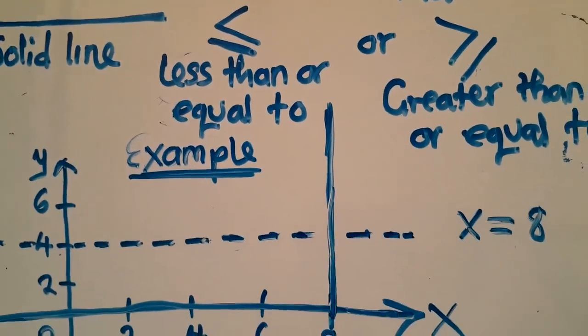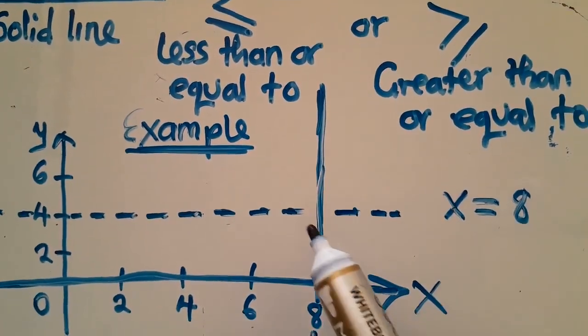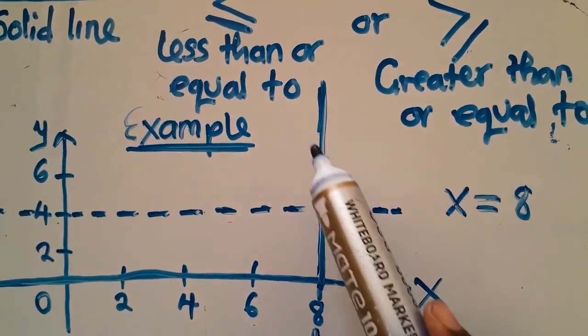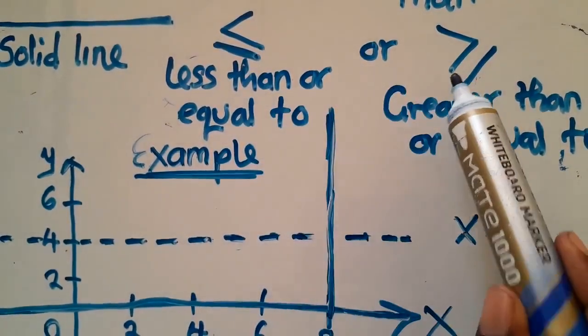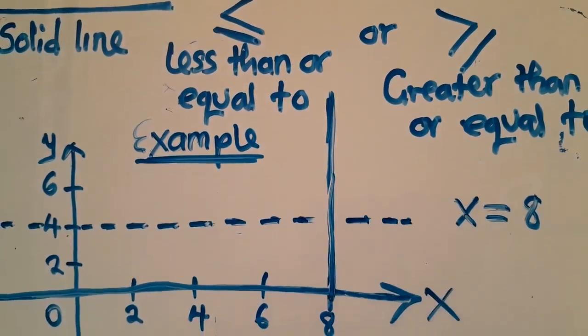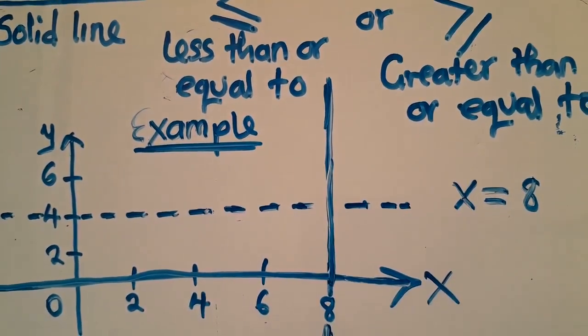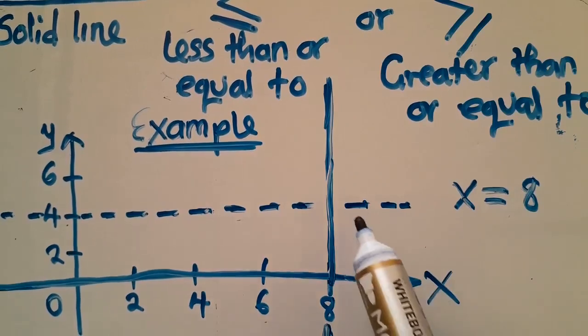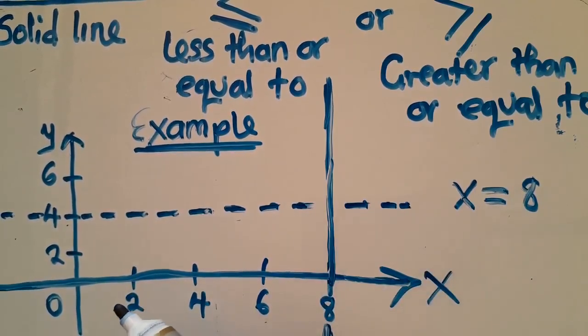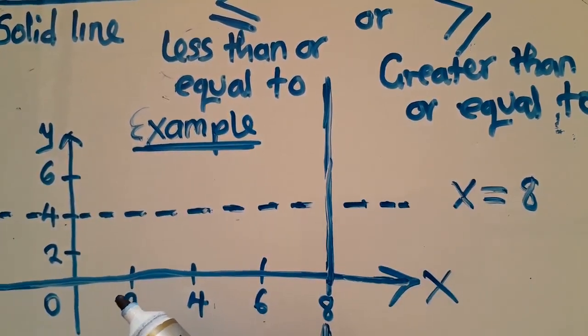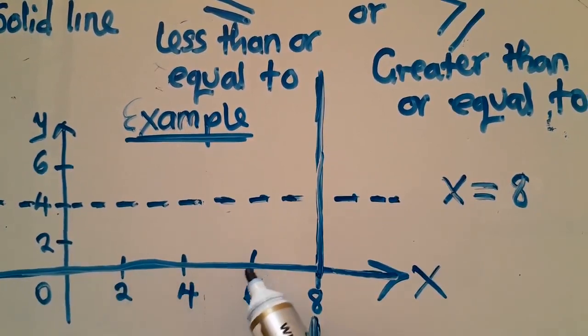Now, we are talking about this line. We are going to use this one or that one. So how can you know which one you are supposed to use on this question? Have you seen what is happening? 2, 4, 6, 8.